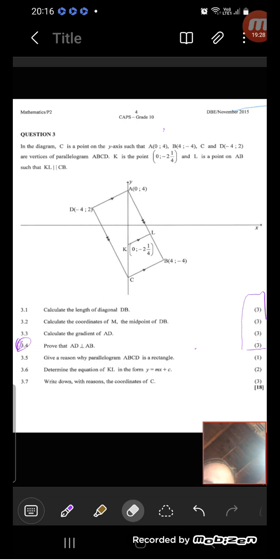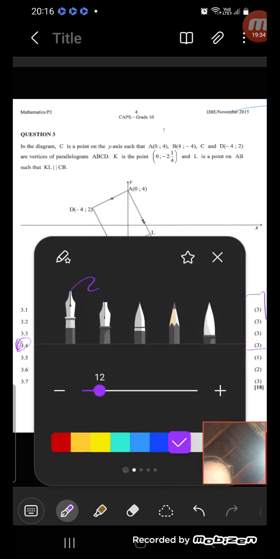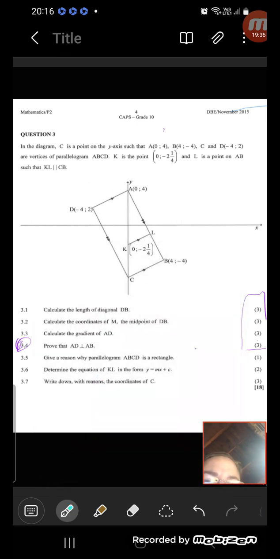Now, determine the equation KL. So let's find KL. I love gradients. Everything makes sense. Okay. So the gradient of KL is going to be the same as the gradient of AD. We did AD, the gradient of AD.